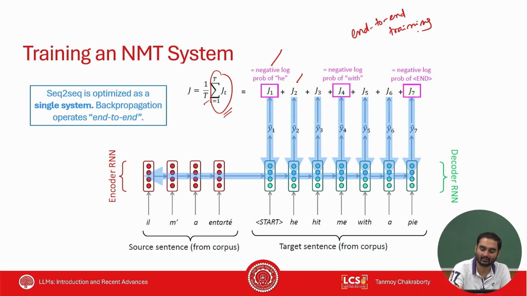Okay, so this error will be back propagated, and all the hidden states in the decoder as well as the encoder will be updated. So the input RNN is called the encoder and the output RNN is called the decoder. This is end-to-end training. Clear? Okay, and how do we do this back propagation? We will use BPTT, back propagation through time.